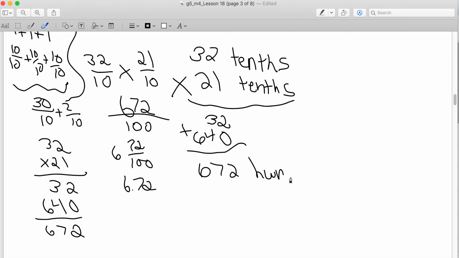I'm not doing anything different than what I've done before, except for I'm just writing actually the name of these numbers out, hundredths. Okay, so then how do we represent 672 hundredths as a decimal or in decimal form? And then that is the answer.